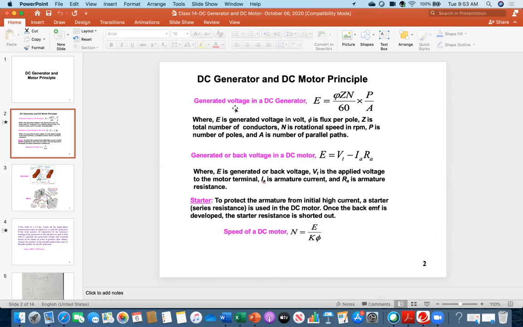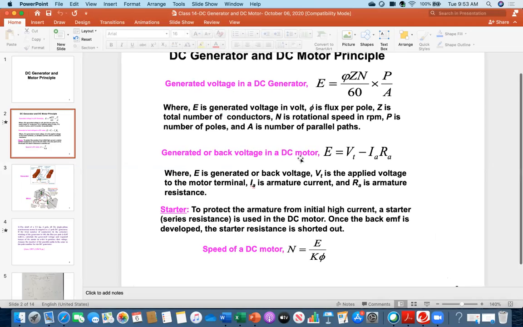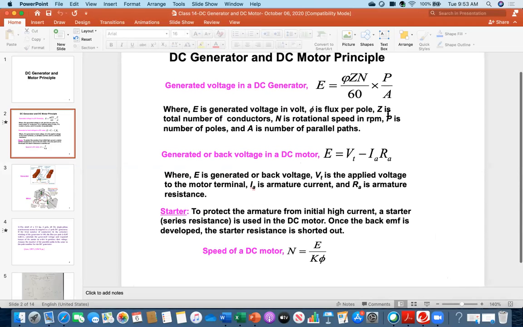The generated voltage in a DC generator is phi Z N over 60 multiplied by P over A. And then I have written down the meanings of those symbols. E is the generated voltage, phi is the flux per pole, Z is the total number of conductors, N is the rotational speed in RPM, and P is the number of poles, and A is the number of parallel paths. I would recommend each of you, can you please note down this equation?